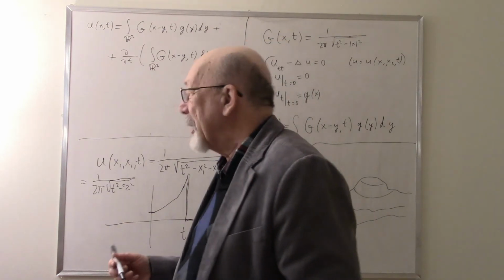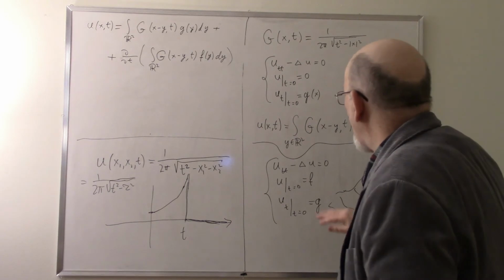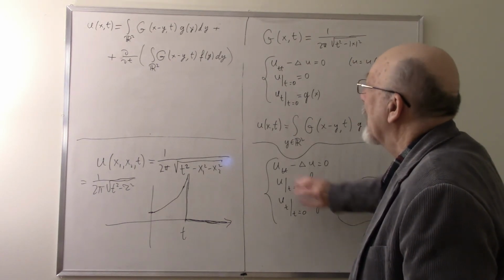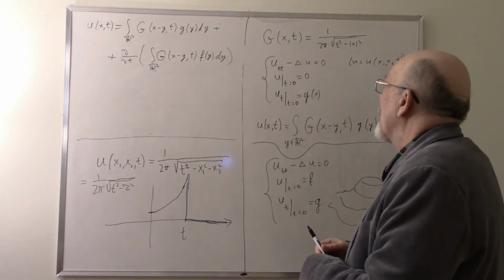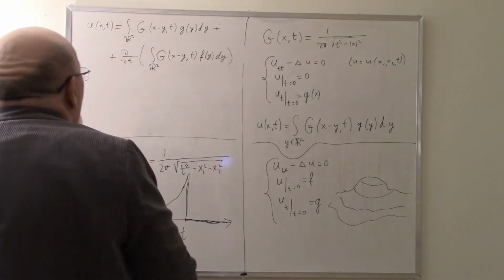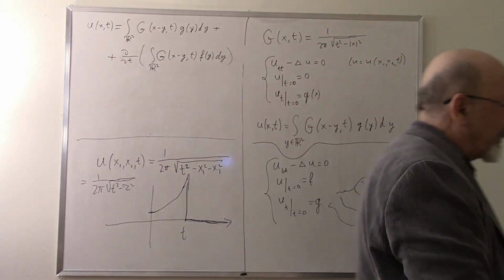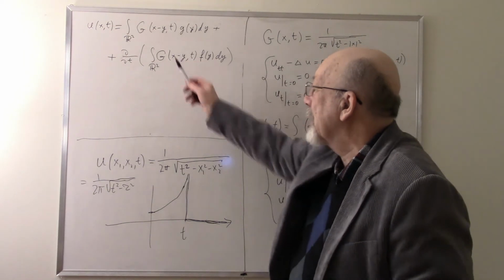So this term satisfies the problem where this is 0 instead of g. This term solves this problem, and all in all they solve our full problem. So everything depends on this function g.